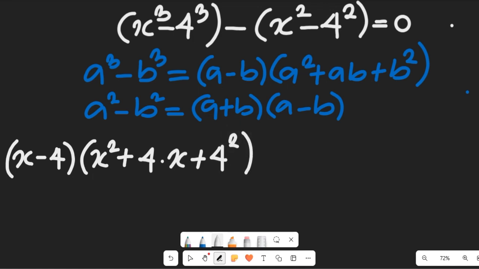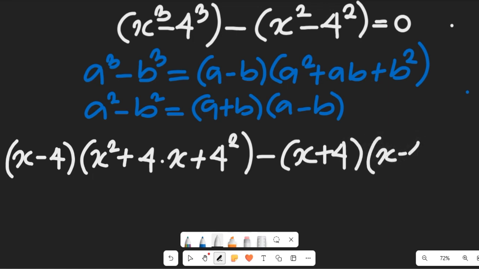And this will be this. And this will be minus, the next one is going to give me difference of two squares, x plus 4, and that will multiply x minus 4. And all of this will be equal to 0.